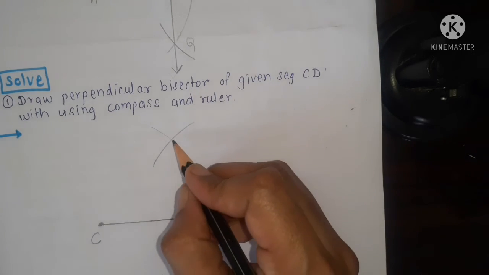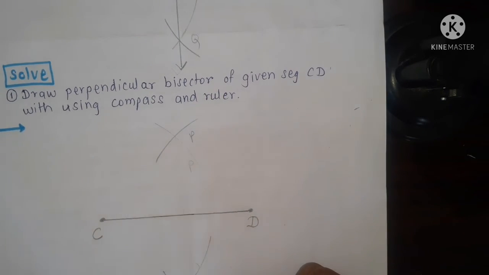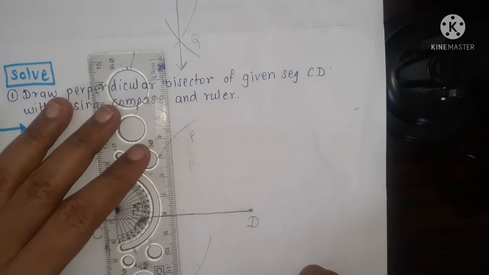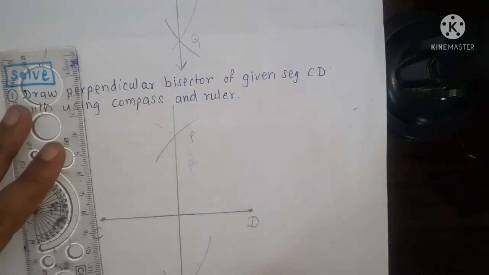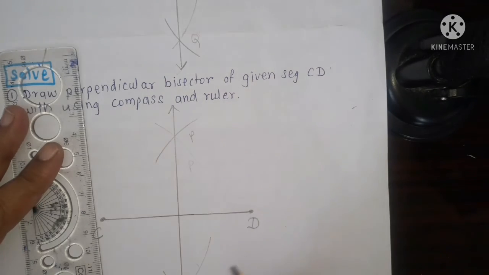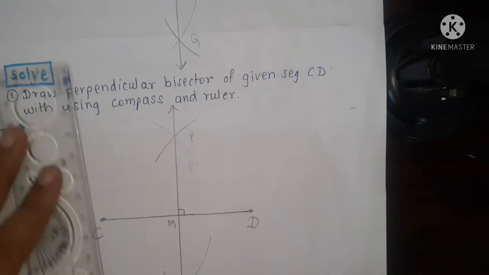We get 2 points, point P and point Q. Draw a line passing through points P and Q. We get the perpendicular bisector PQ of segment CD.